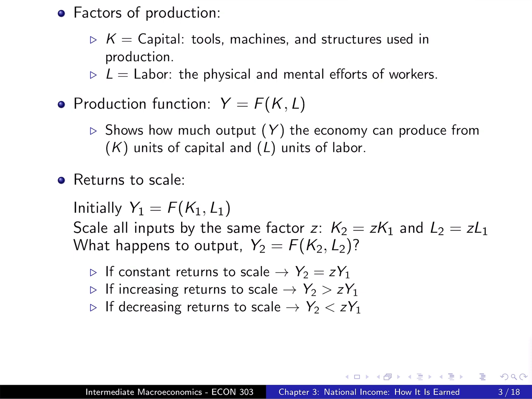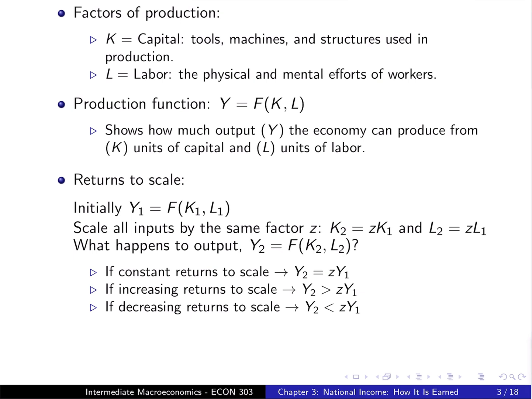We represent the relationship between inputs and output with the production function. Y equals a function of K and L. This tells us how much output Y the economy can produce, given certain amounts of capital K and labor L. It's a core concept for understanding how economies turn inputs into goods and services.